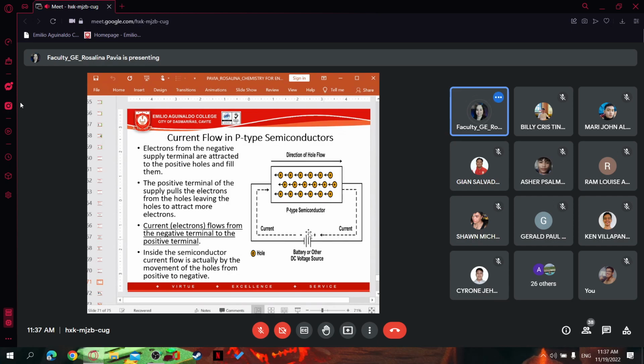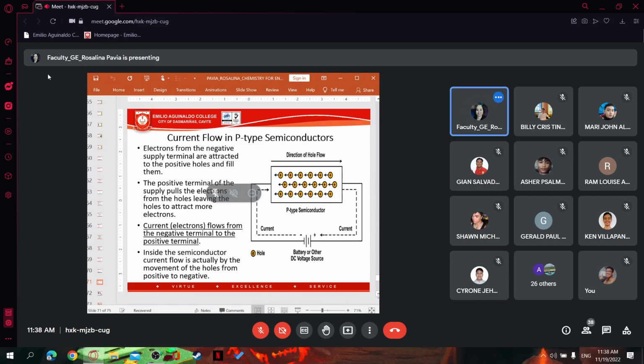Electrons from the negative supply terminal are attracted to the positive holes and fill them. The positive terminal of the supply pulls the electrons from the holes, leaving the holes to attract more electrons. Current flows from the negative terminal to the positive terminal. Inside the semiconductor, current flow is actually by the movement of the holes from positive to negative. So those are the current flow for the N-type and the P-type semiconductors.